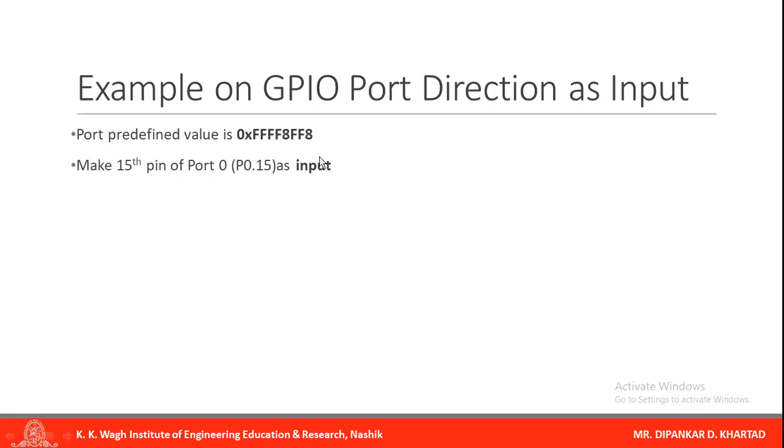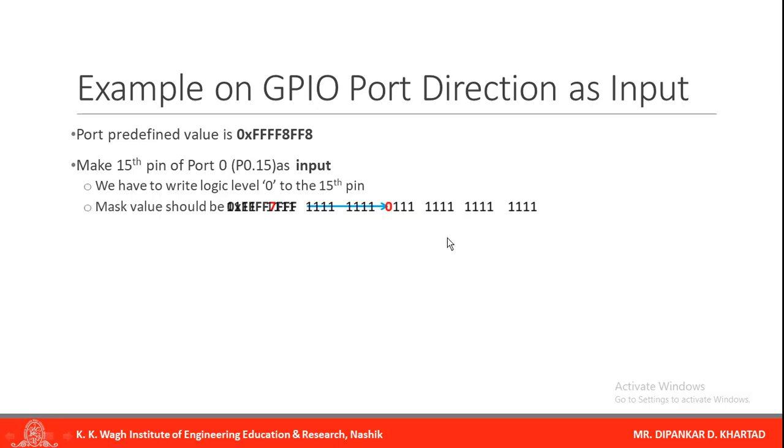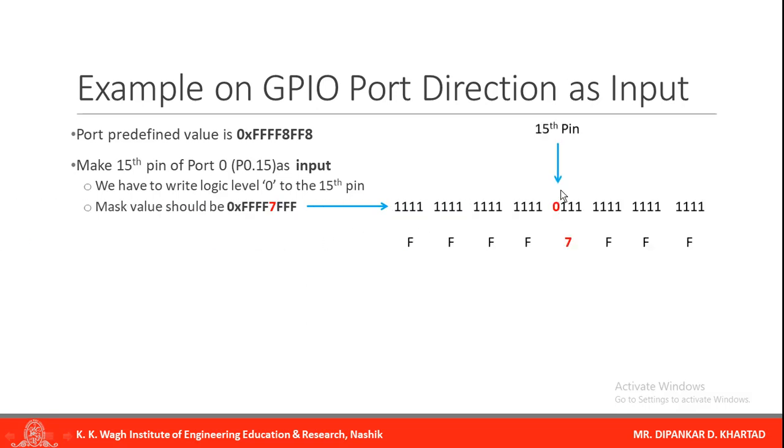Now let's have a look at a simple example. This is the predefined direction. Make the 15th pin of port 0 an input. So you have to write logic level 0 to the 15th pin. The mask value will be: this is the 15th pin, so the mask value will be 0xFFFF7FFF.